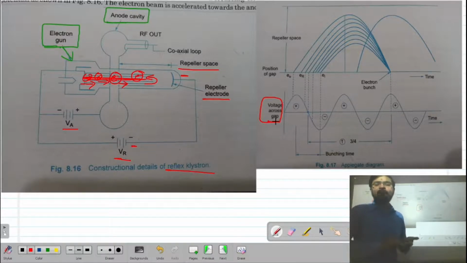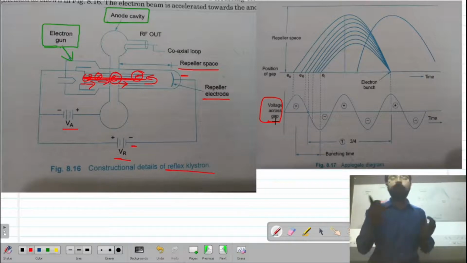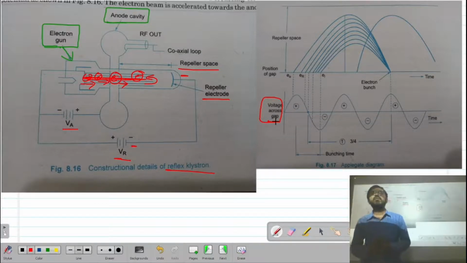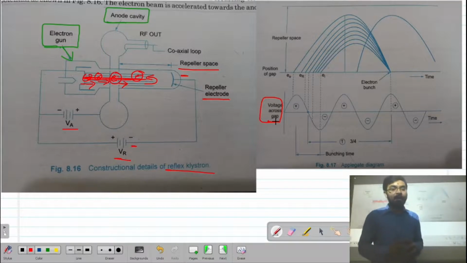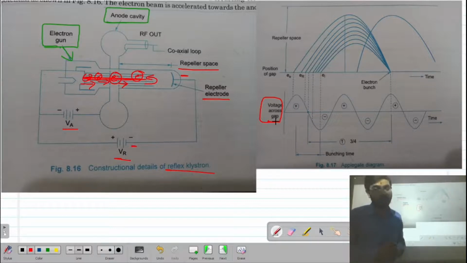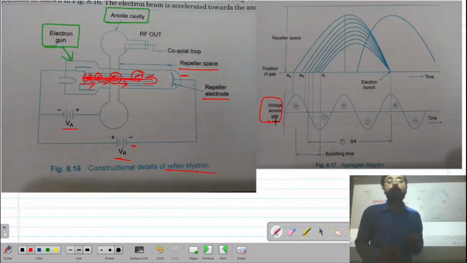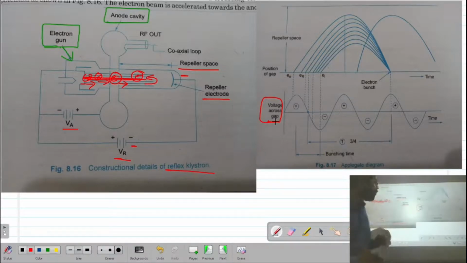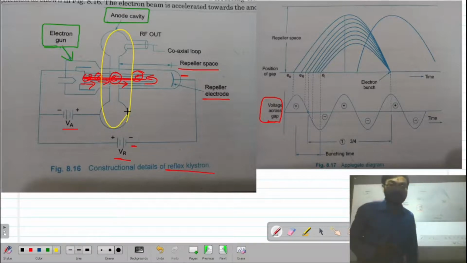In each and every system you will have a noise level, some very tiny electronic disturbance, and that disturbance or noise acts as a source of RF. Due to that, it will have sustained oscillation inside this cavity.